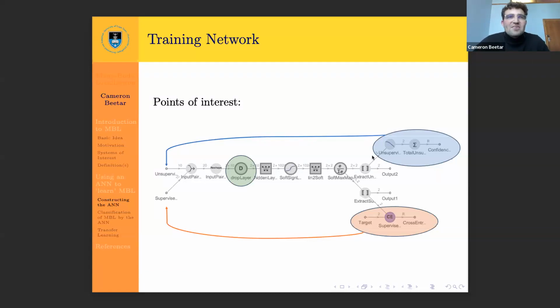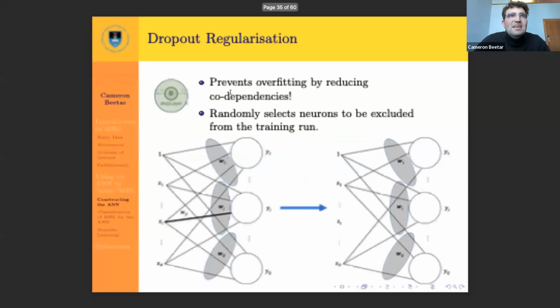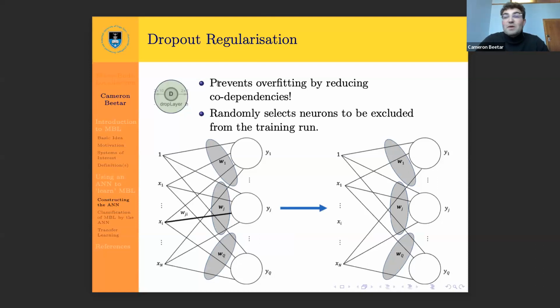During training, first we're going to talk about the drop layer. This is actually performing dropout regularization. During each training cycle, it's going to turn off the weights associated with one of the inputs so that it doesn't affect any of the outputs. That reduces codependencies within the network.